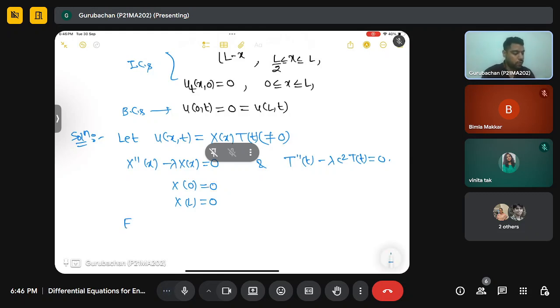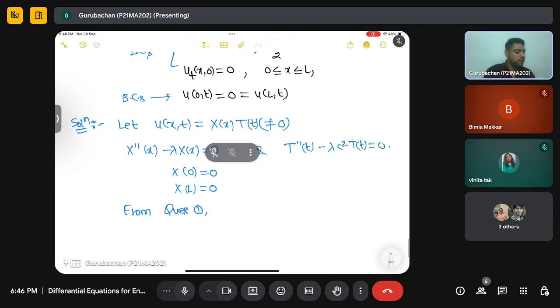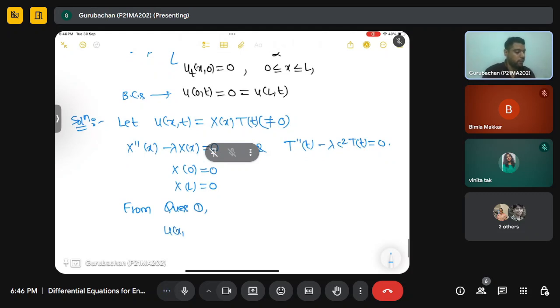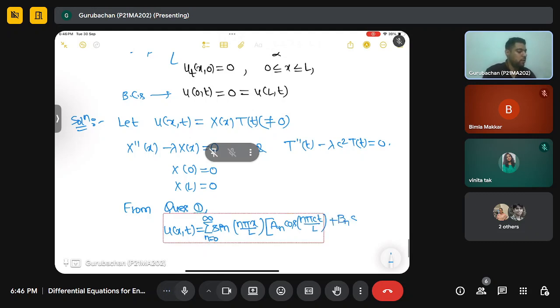So from question 1, we can say our u(x,t) is the sum from n equals 0 to infinity of sin(n pi x by L) times (a_n cos(n pi c t by L) plus b_n sin(n pi c t by L)).